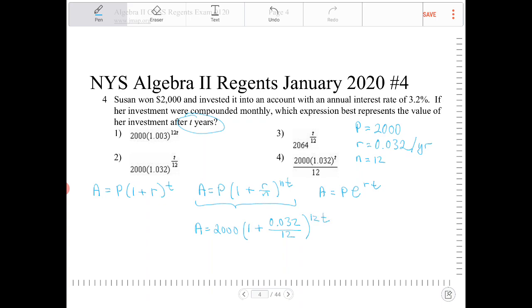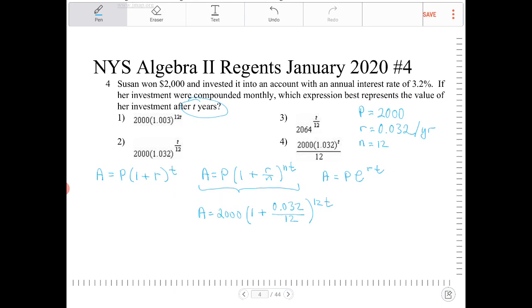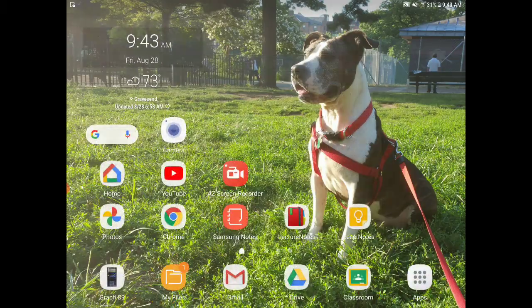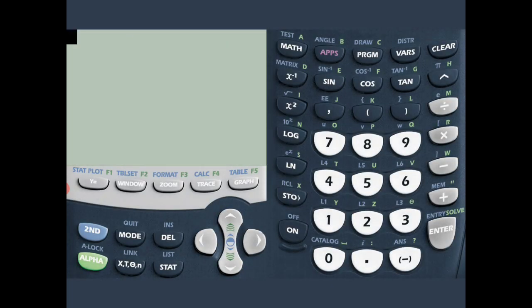And then looking at the answer choices there, nothing really matches it. So we're going to do a little bit of rewriting, and I'm going to go to my calculator and enter the expression that's inside of the parentheses, just to simplify things down. I'm going to clear what I have here. All right, so I have open parentheses 1 plus 0.032 divided by 12.